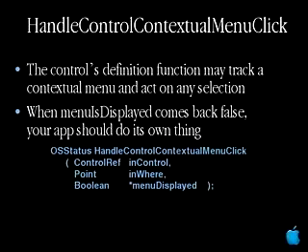Now, we've added some contextual menu manager support to controls, and basically that support is intended to be provided by the control definition. So the control definition is in the best position to know what contextual menu to provide, so we let it provide one. And basically, the way that the application level client code works is you call handle control contextual menu click, and it will query the control definition to find out whether it wants to provide a contextual menu.